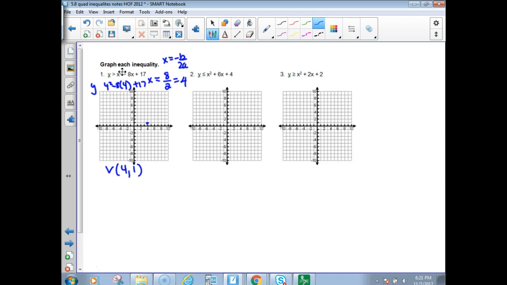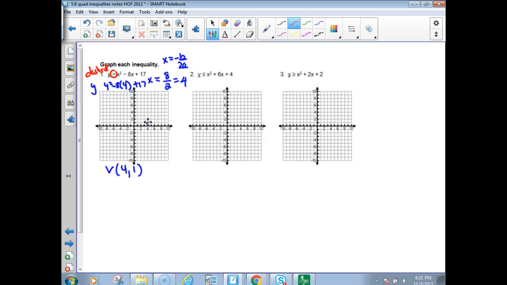So we plot that, and then we can just do the 1 squared, 2 squared method. Before we graph the parabola, we want to decide based on the inequality symbol whether our parabola should be dashed or solid. Since it says greater than, it should be dashed. So you're not actually going to graph the parabola solid. You're going to dash the whole entire thing.